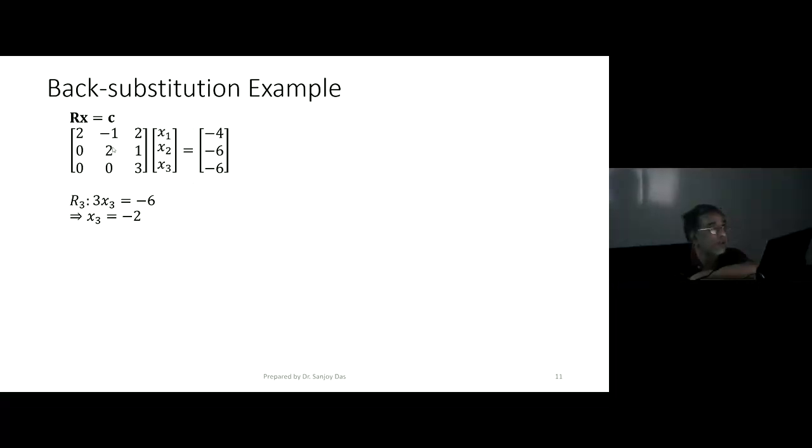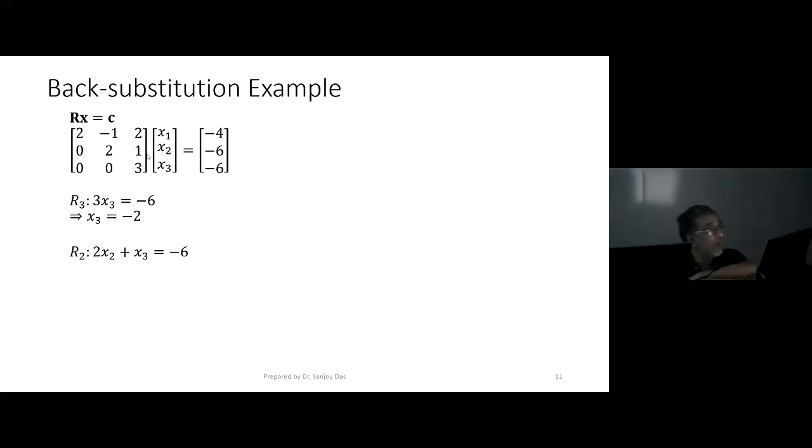I'm trying to solve for x. Now we got x3, the numerical value of x3 is obtained. So now let's go up one step. That's why it's called back substitution. From the next row, we get 0 times x1 again, because this is upper triangular, so the upper elements of x are getting multiplied with zeros.